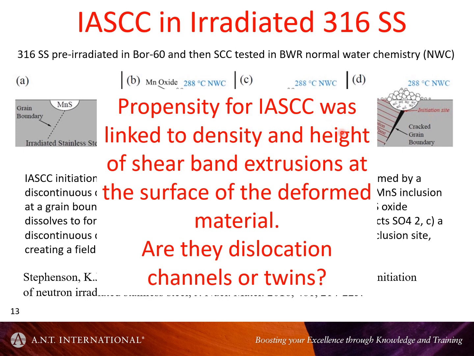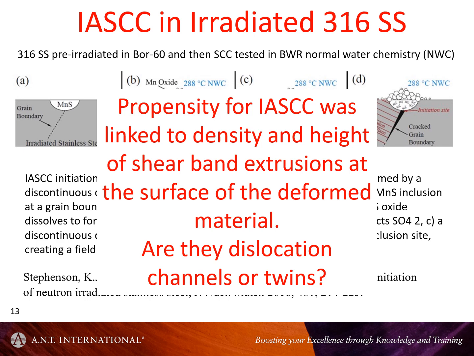So the propensity for IASC was linked to the density and height of shear band extrusions at the surface of the deformed materials. So quite apart from whether that's feasible or not, in their case, are they what they call dislocation channels, or are they twins?